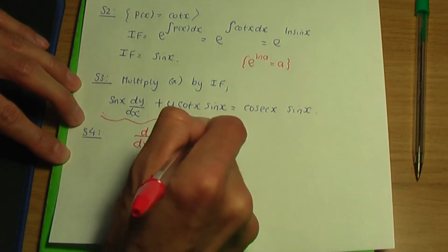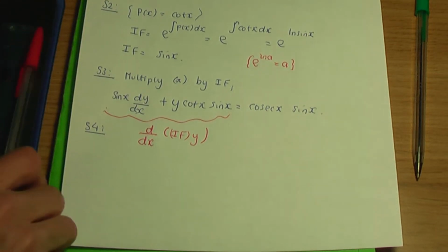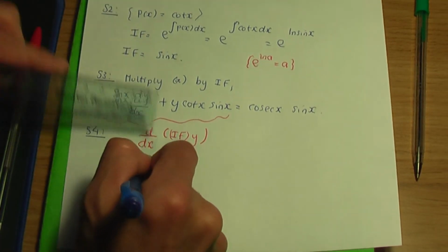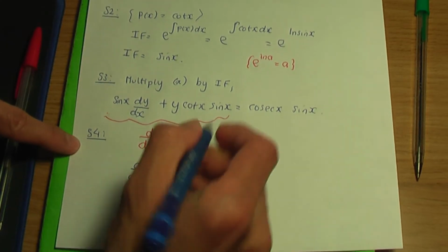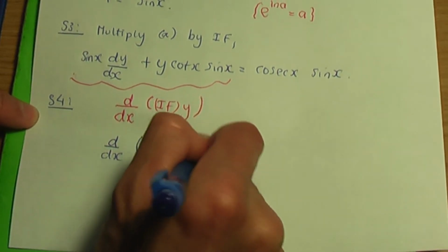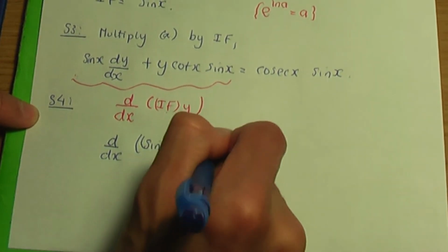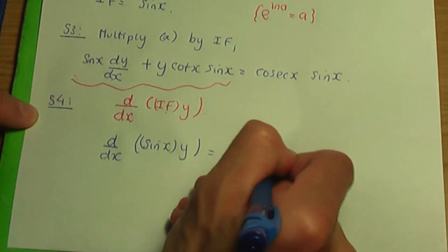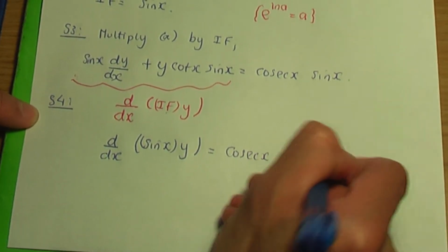So you can always rewrite it in this way. So let's implement this. So we have d by dx, IF is sine x, into y, and that is equal to the right-hand term, which reads cosec x sine x.